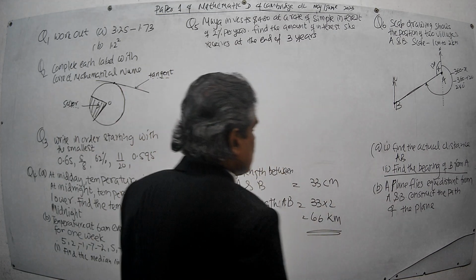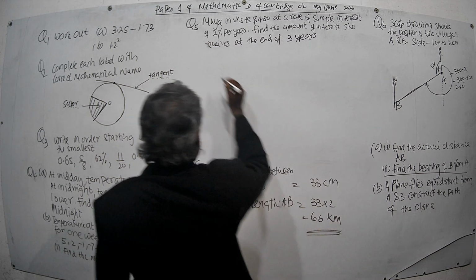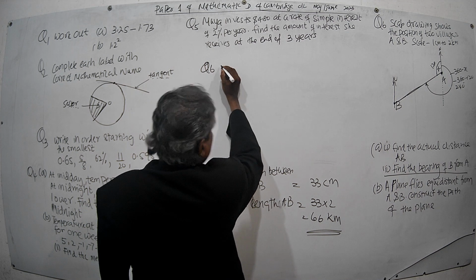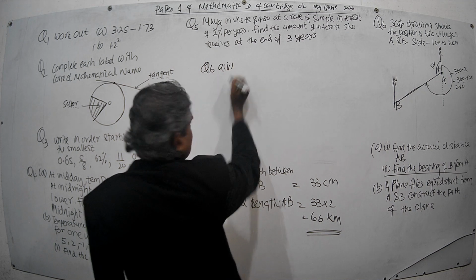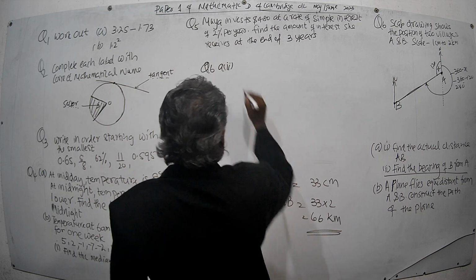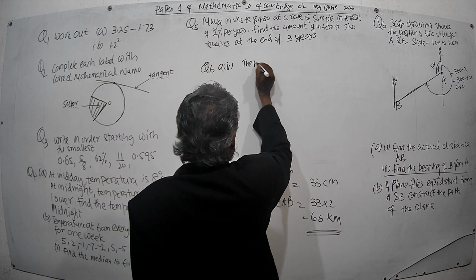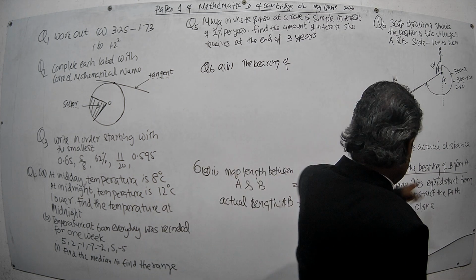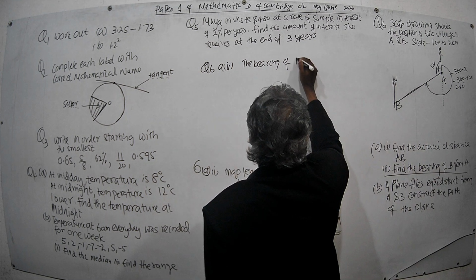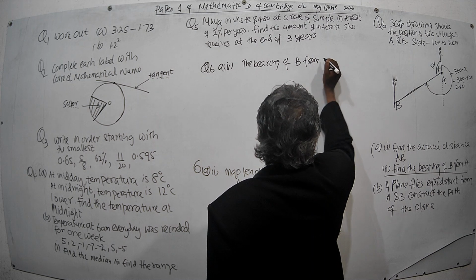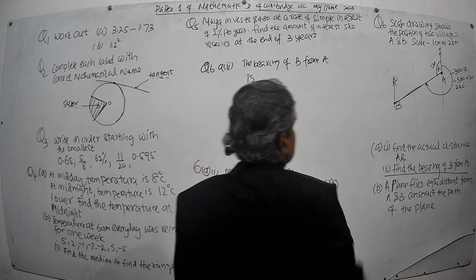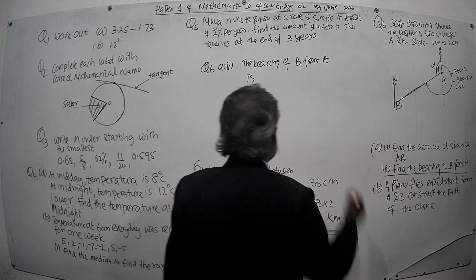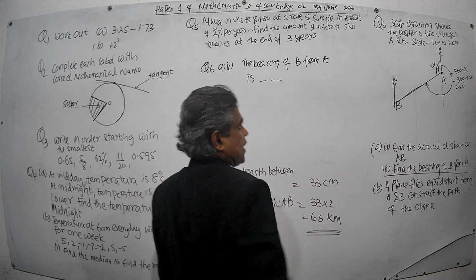Write the bearing like this: the bearing of B from A, question 6 part 2, is how much? If this is 120, this will be 360 minus 120. You write here the value that you find by doing that.